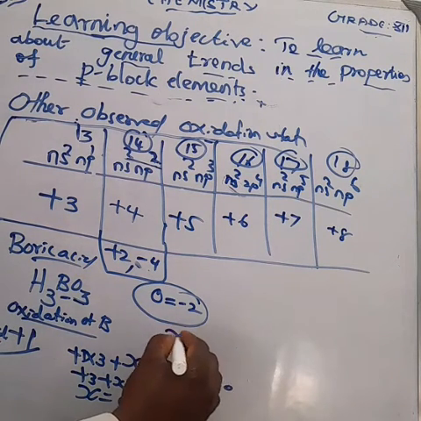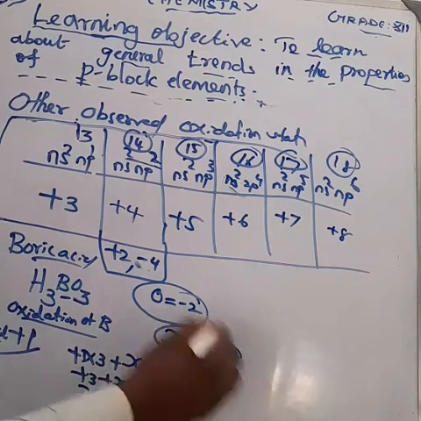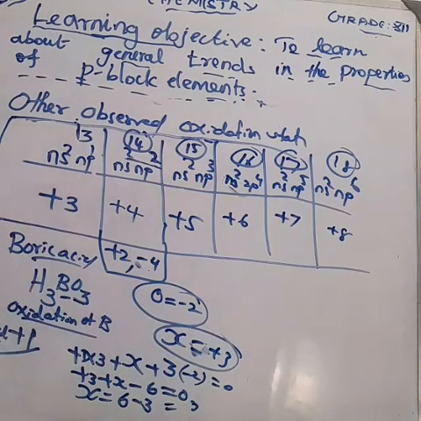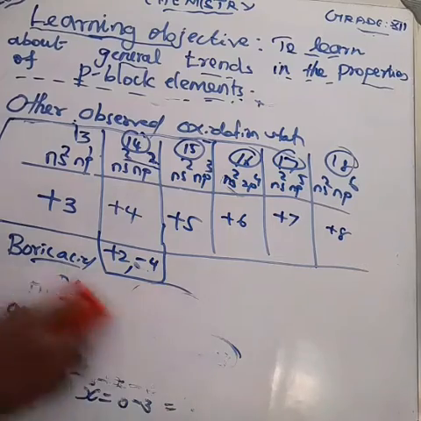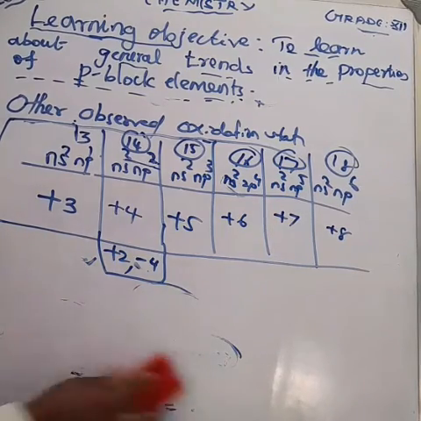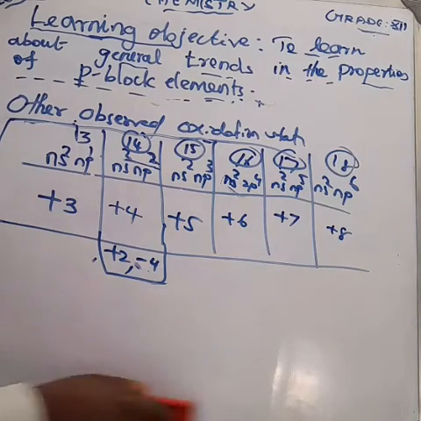So we get X equal to +3 oxidation state. So my dear children, the value of boron is +3. So for group 13, the highest oxidation state is +3. Can you understand, my dear children?